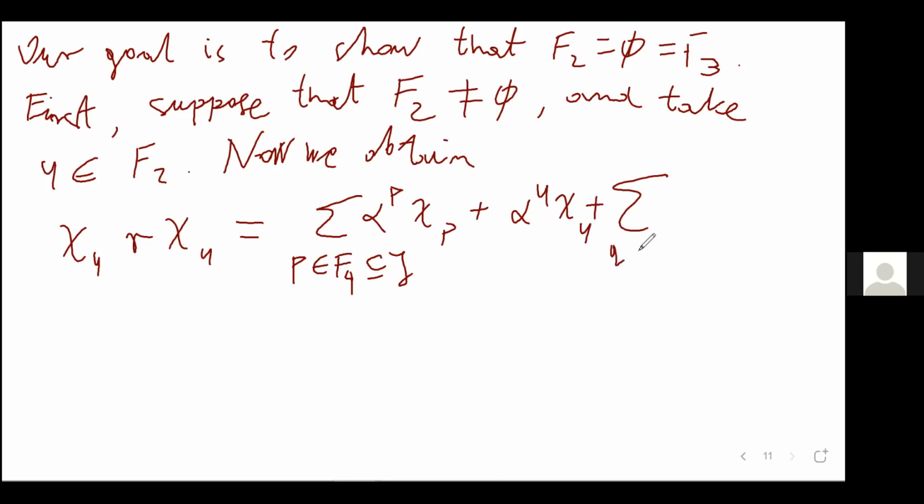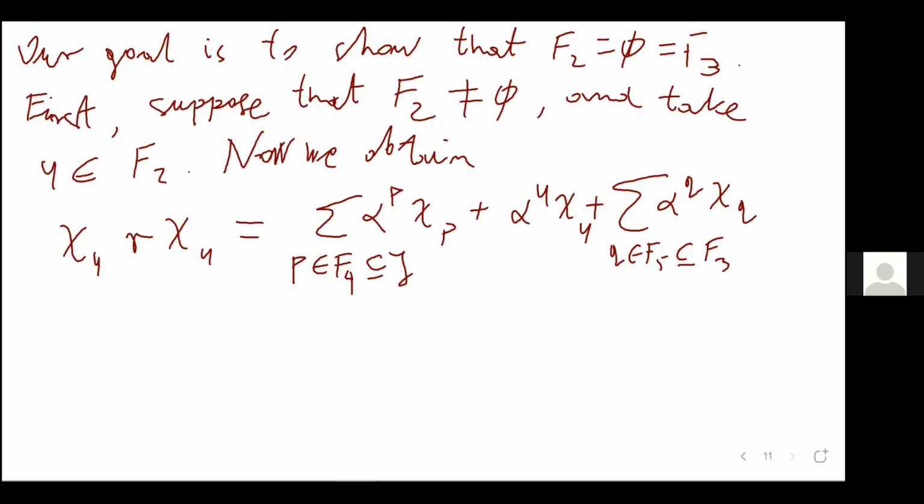I have a sum over some F5 now, which is again a subset of F3. And here I have alpha Q chi Q. All right, I hope it's clear.